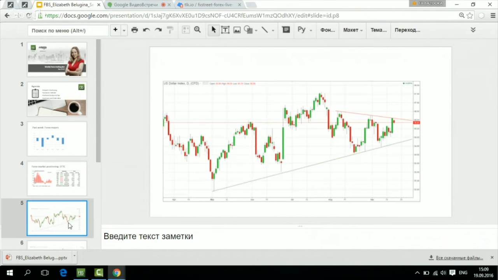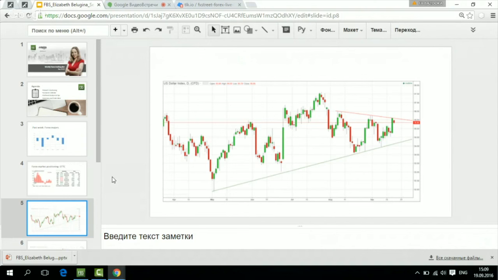If we look at the US dollar index chart, which tracks the dynamics of the American currency versus the 6 currencies of countries representing America's main trading partners, we can see that the dynamics is also consolidative.